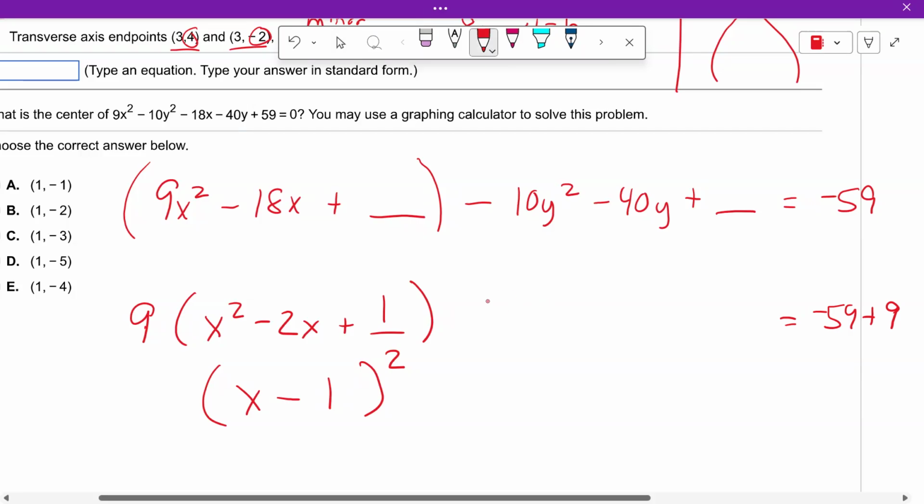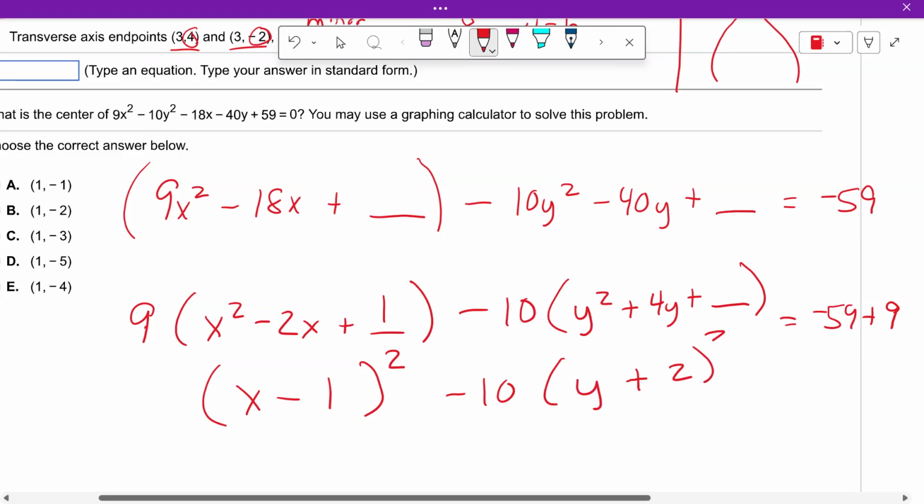For this one, if I take a negative 10 out, I get y squared plus 4y plus blank. What's half of 4? 2. So it's y plus 2 quantity squared.